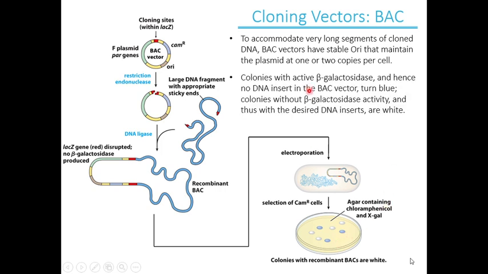So, colonies with active beta-galactosidase, and hence no DNA insert in the BAC vector, turn blue, whereas those that do not have beta-galactosidase activity are colorless, and those are the ones that will have the recombinant BAC plasmid.